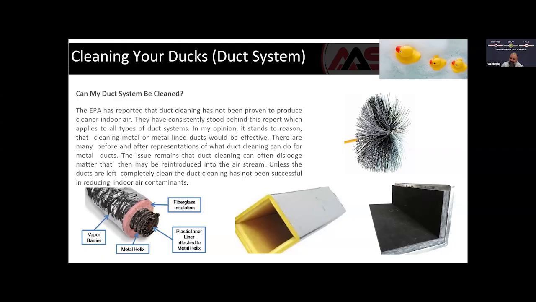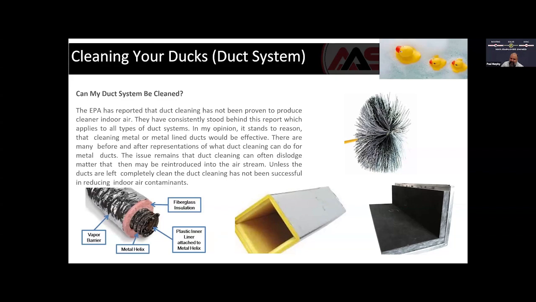One on the bottom left is our flex ductwork, which basically has a plastic liner inside it with a wire that keeps it from collapsing, and then fiberglass insulation on the outside with a vapor barrier outside of that.